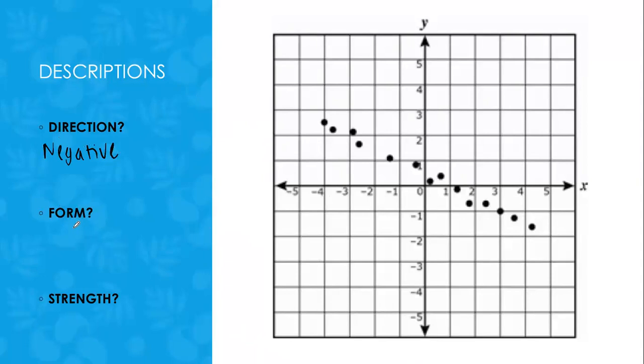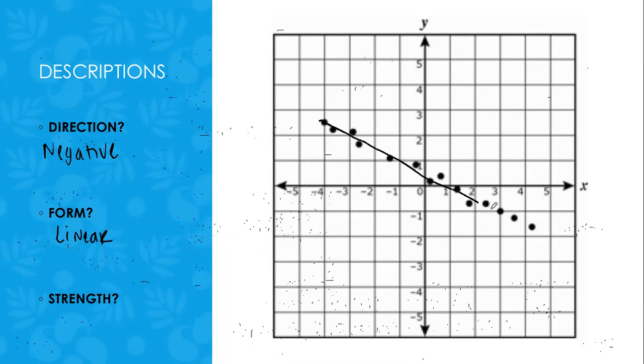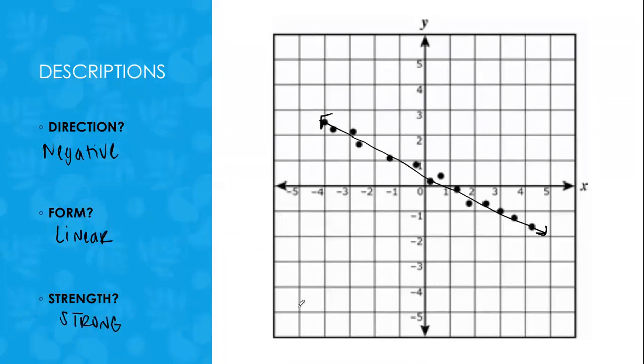I totally agree. Do y'all agree? Yes. It's negative. It's going in a downward direction from left to right. It is linear because it's forming a line-esque pattern, and it is definitely strong. If I was to put a trend line through this, the points are very close together around the trend line. So yes, strong. Okay, let me pause.